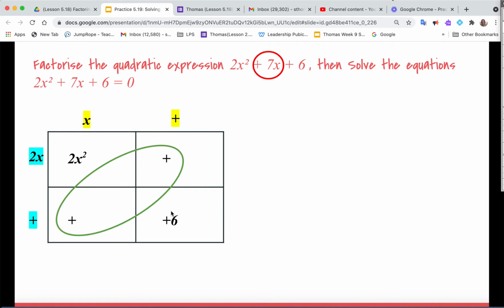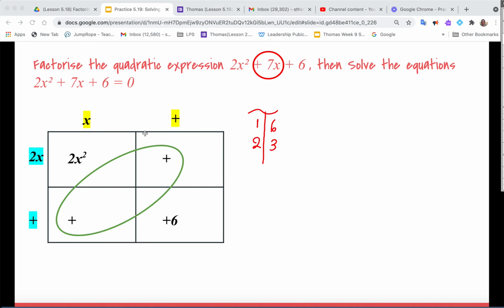And so when we think about it, what are factors of 6, what are numbers that we can multiply to get 6? So there's 1 and 6, there is 2 and 3.